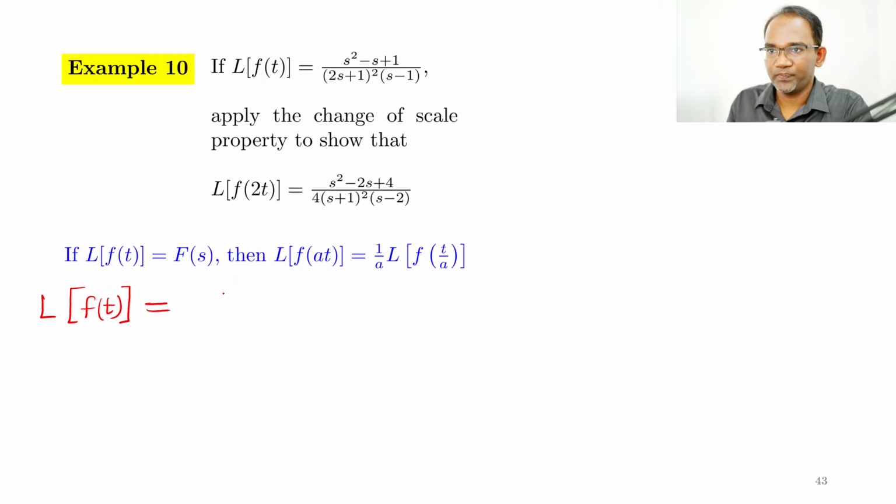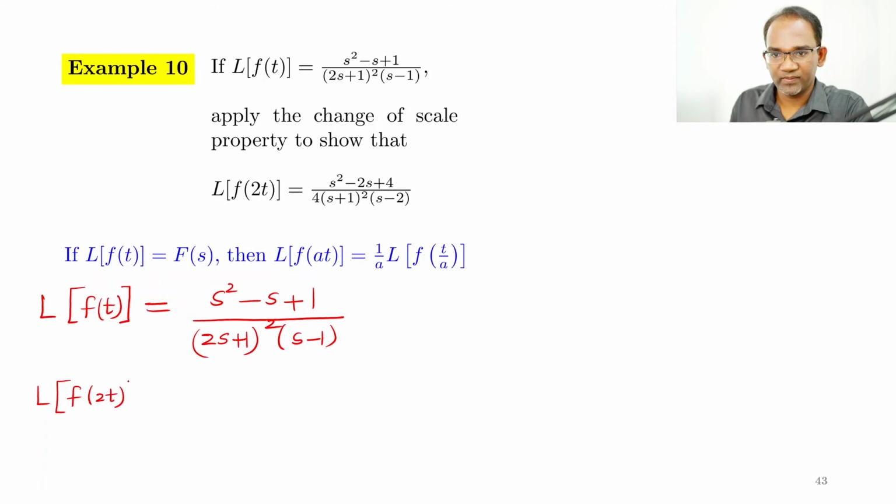as equal to (s squared minus s plus 1) over (2s plus 1) the whole squared times (s minus 1). Therefore, the Laplace transform of f of 2t is equal to 1 over 2 times the Laplace transform of f of t over 2.